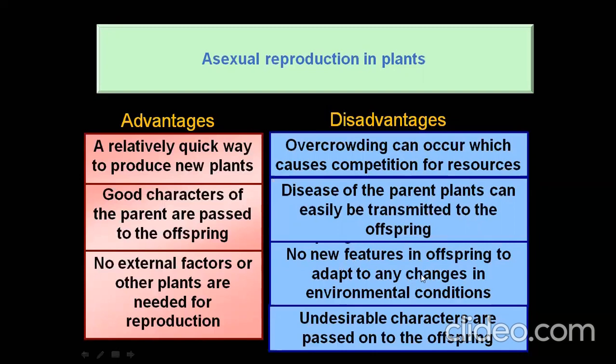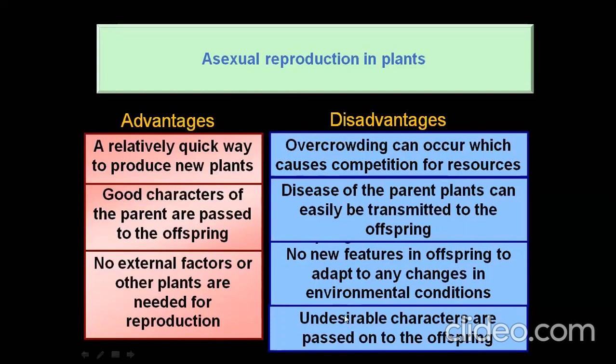No new feature in offspring to adapt to any change in environmental condition. For example, a change comes in the environmental condition, and that change is very harsh. It is bad for the plant. If the plant is growing through asexual reproduction, no variation comes in the offspring, so maybe that offspring may not adapt to the new changing environmental condition, right?